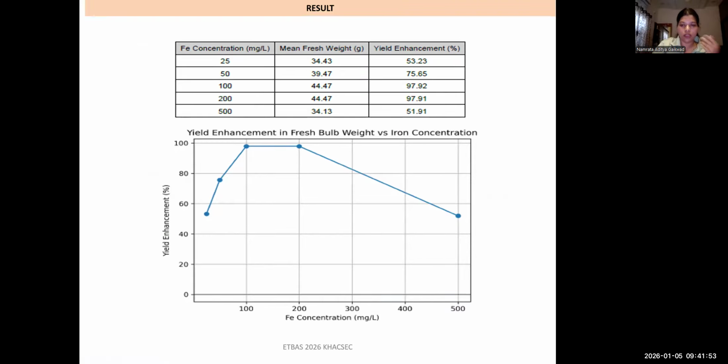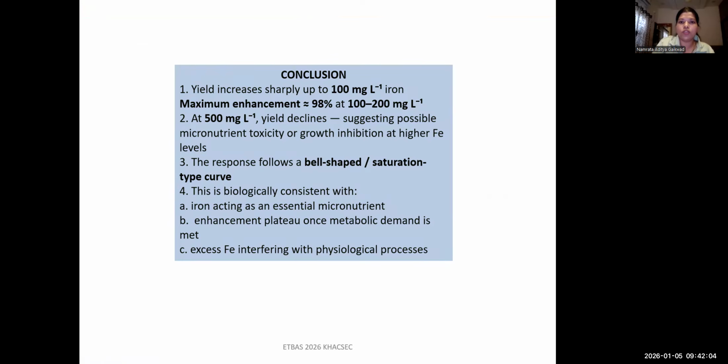So in the conclusions, I must say that the yield has increased sharply for 100 mg per liter iron concentration, which is 98%. At 500 mg per liter, for every set that I have performed experiments on, I can see that the yield has declined, which can be due to micronutrient toxicity or growth inhibition due to higher Fe levels being accumulated in the plant.